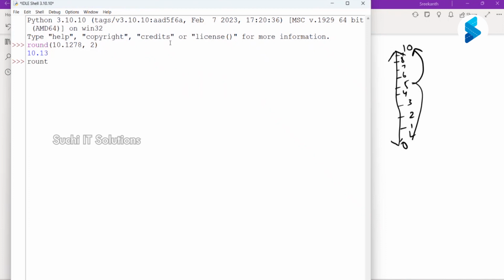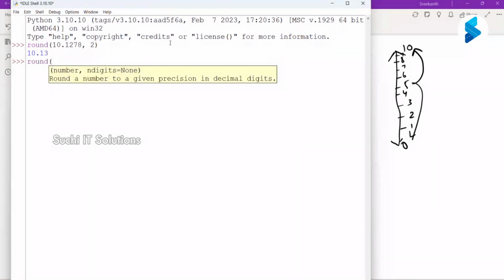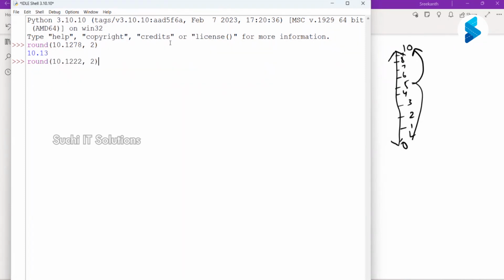Now I want to round 10.1222. If I round this to 2 decimal points, it would be 10.12. Round off 10.12356.